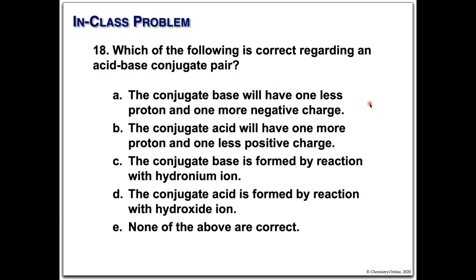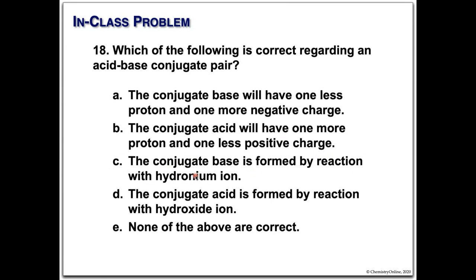Now, if you think back a couple questions, we answered this already, didn't we? What's correct regarding a conjugate acid-base pair? Conjugate base will have 1 less proton and 1 more negative charge. Acid will have 1 more proton and 1 less positive charge. That doesn't make sense because protons are positive, aren't they? The conjugate base is formed by reaction with hydronium.